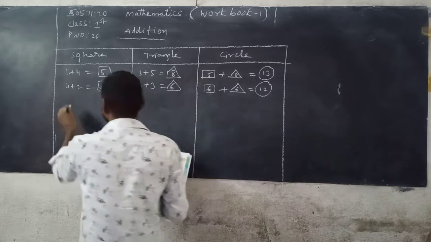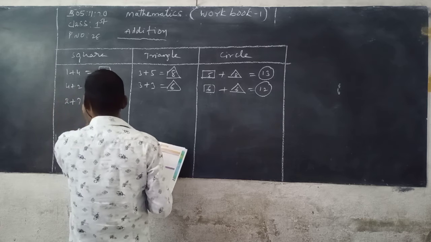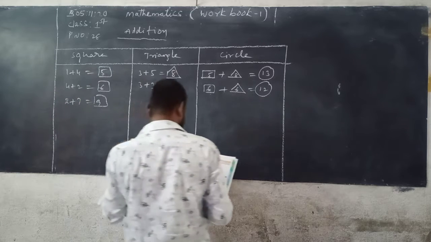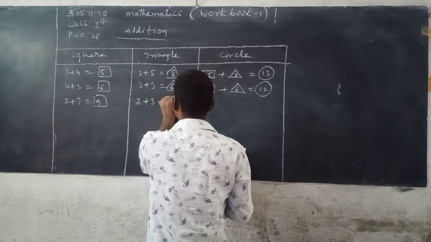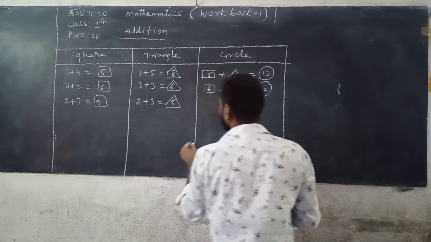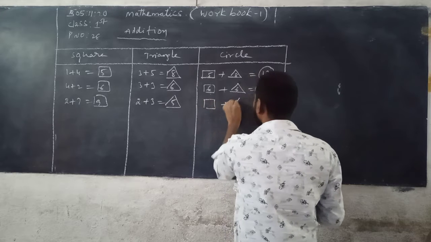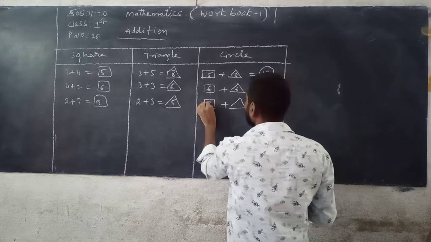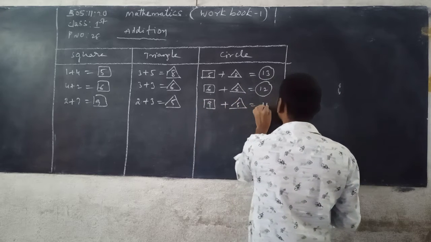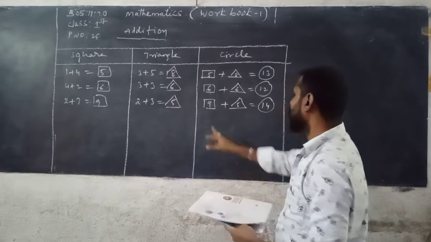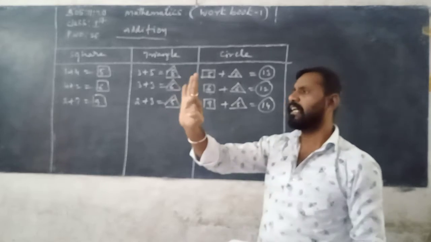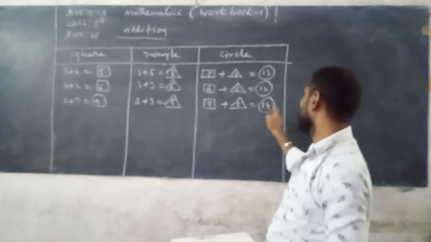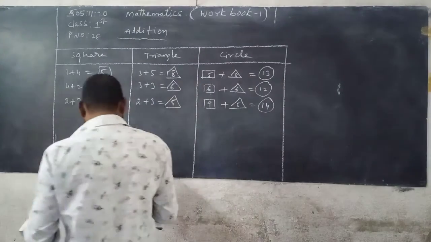Now next, 2 plus 7 you can get 9. 2 plus 3 you can get 5. Next, see here 9 plus 5 you can get 14. So keep the bigger number 9 in your mind and take 5 fingers. You can count 9 after 10, 11, 12, 13, 14. Now write in circle.